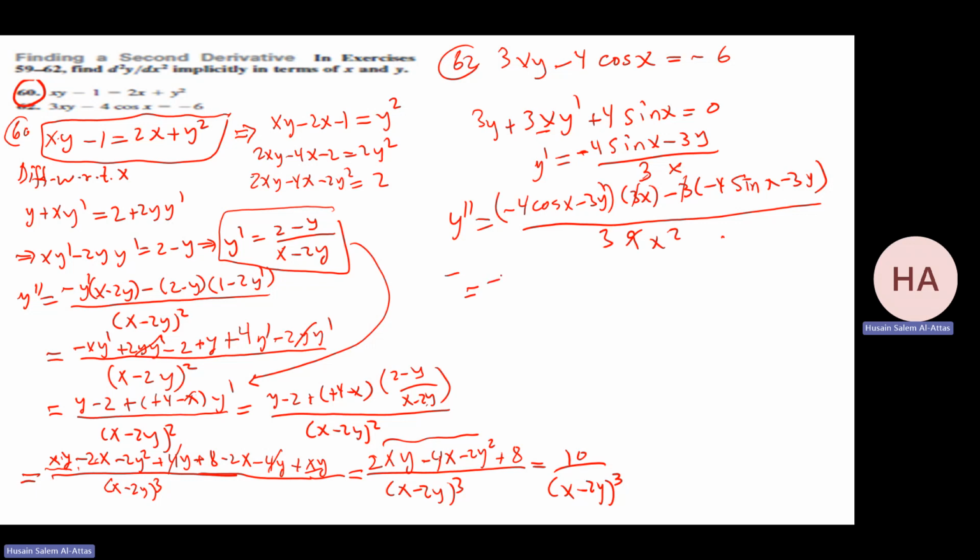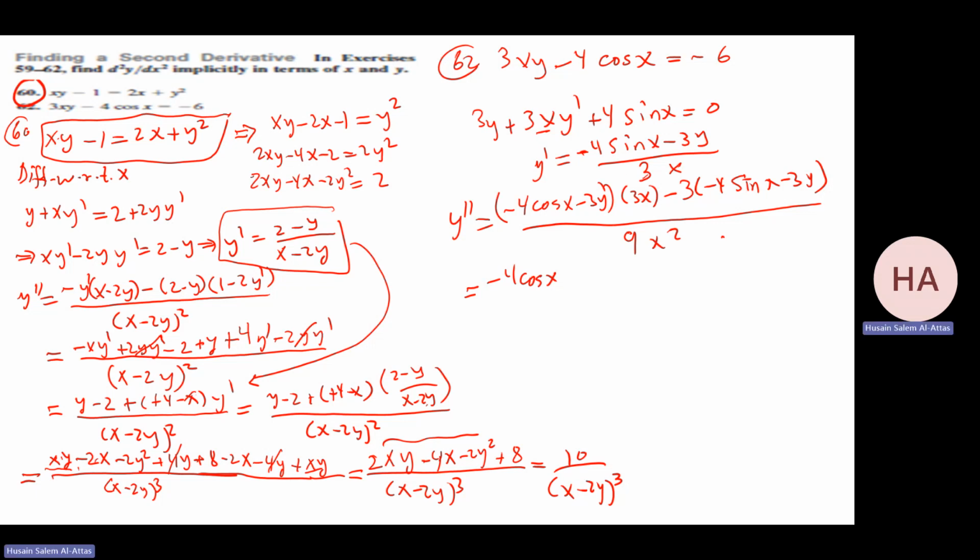I have minus 4 cosine x. This is y prime is this, so x cancelled. They have 3 remaining. Yeah, over 3x. Keep the 3 here. Don't do the cancellation. This is 9. Keep it 9. This is 3. This is 3x. I plug it here.